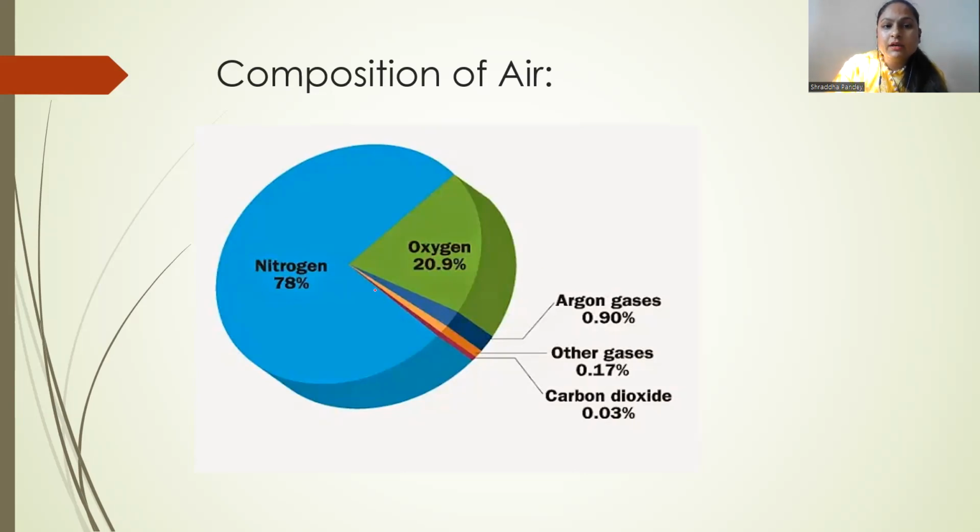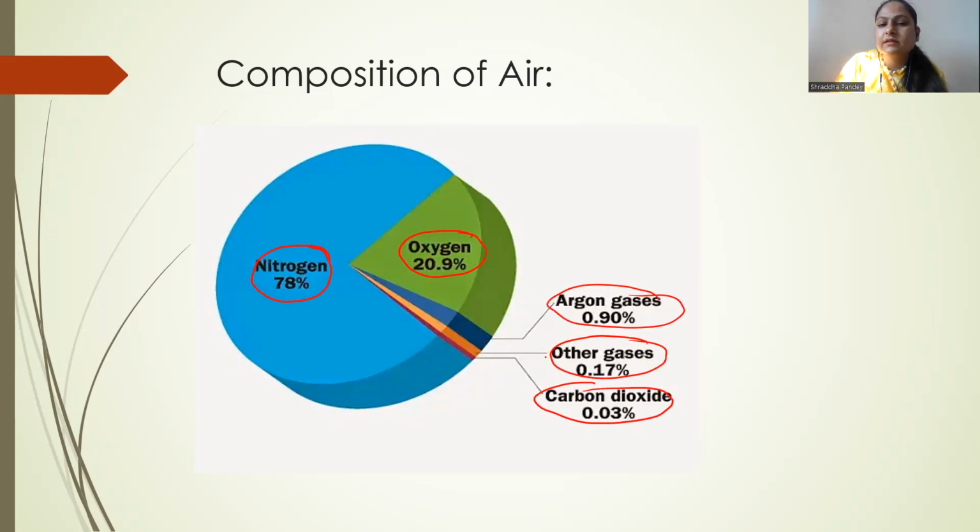Are they present in equal proportion, or does their proportion vary? It varies. Okay. So nitrogen in the atmosphere is 78%. And oxygen in the air is 21%. The rest, 1%, consists of carbon dioxide and other gases.